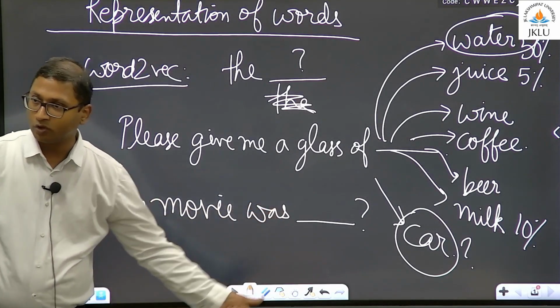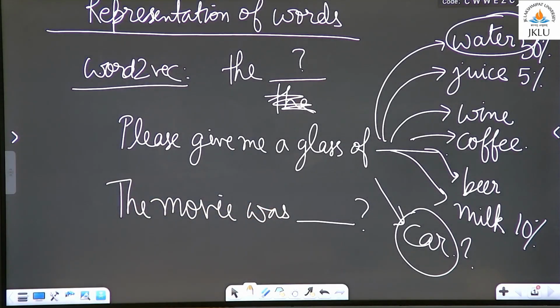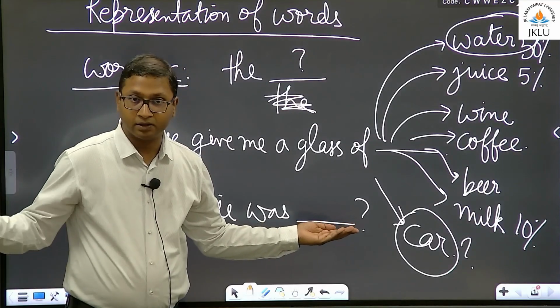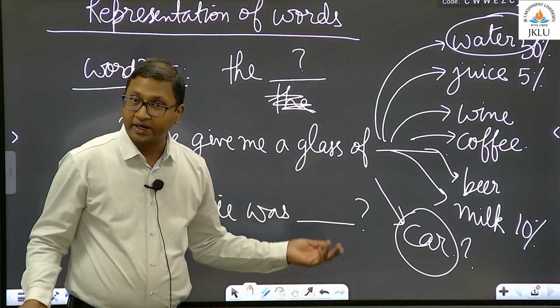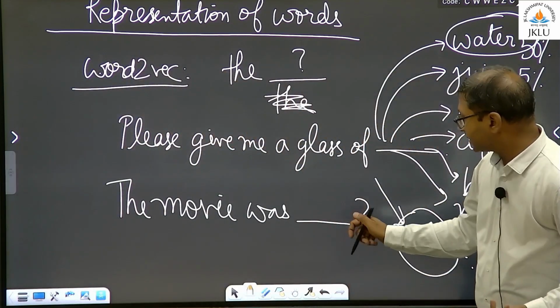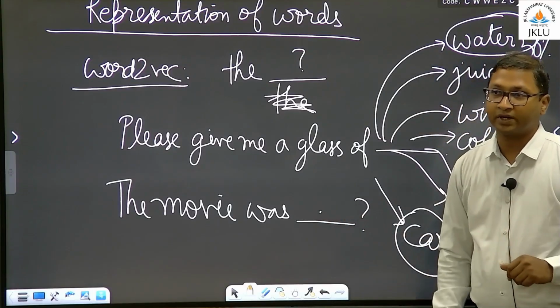The movie was good, okay, wonderful, awful, pathetic, right? But good is a candidate here, so is bad. And are they equally good candidates here? Maybe yes, right? So, even though they are opposites of each other, here they fit really well.